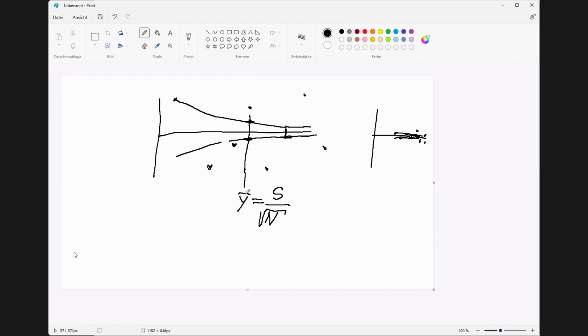Sorry, I have written it here. That means the delta of the mean is the standard deviation divided by the root of n. And now we have seen that the standard deviation has also a plus minus.